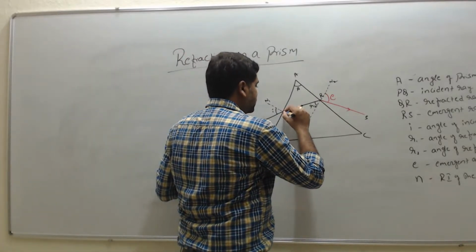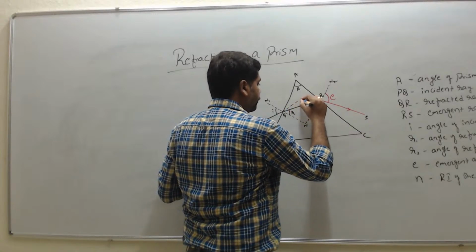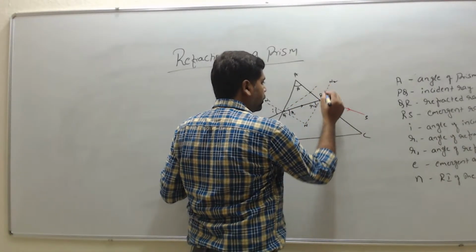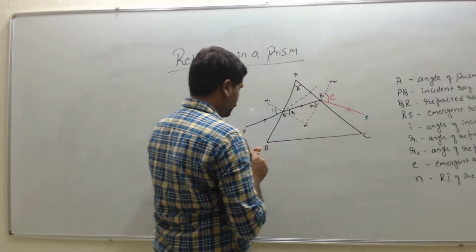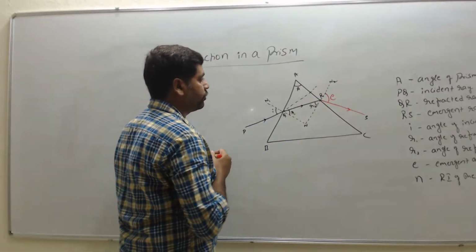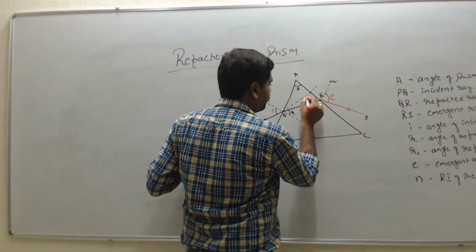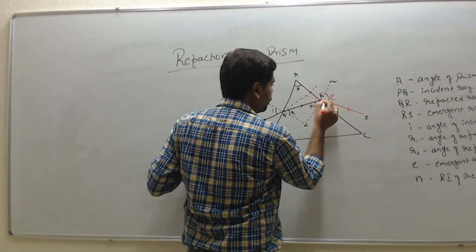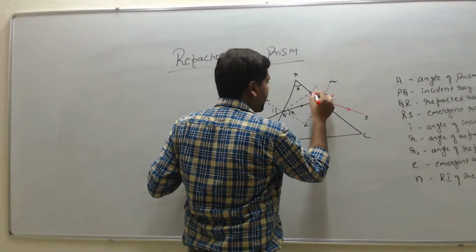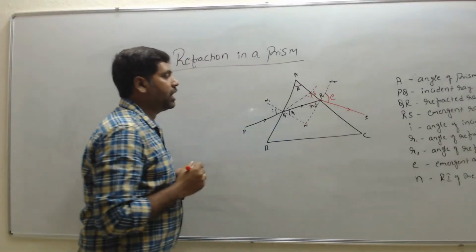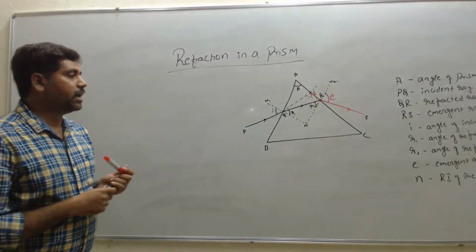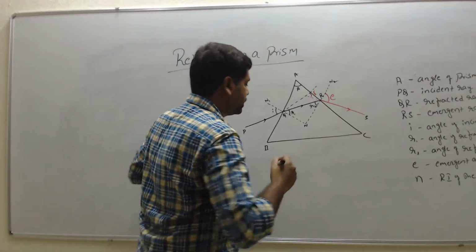If we extend the incident ray like this and extend the emergent ray, this angle is the deviation angle, delta, where delta is the angle of deviation.